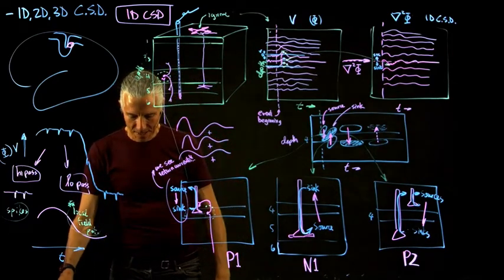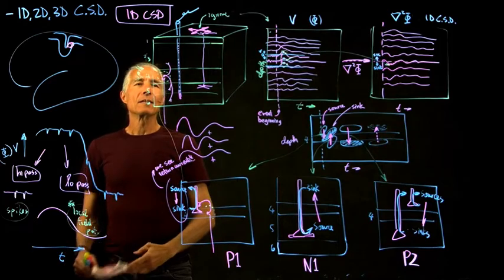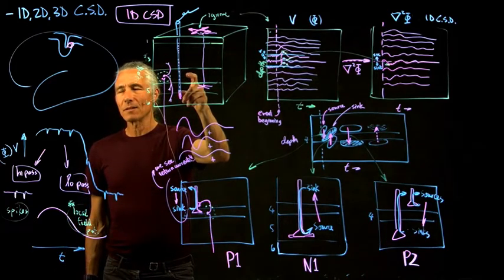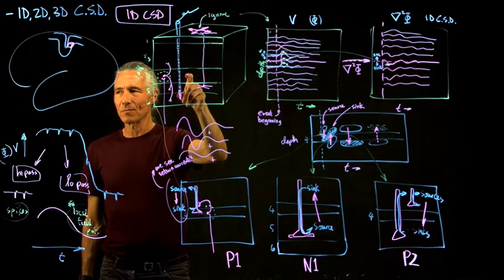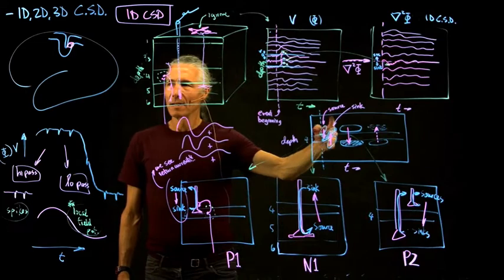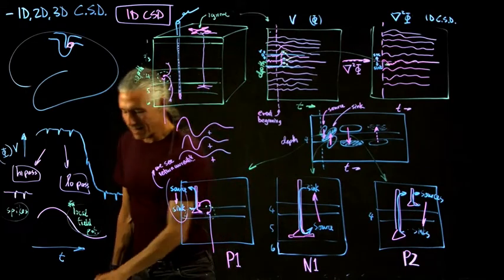One of the things I said at the beginning was this kind of current source density analysis has really convinced us that we should model the cortex as these current dipoles. And why is that?